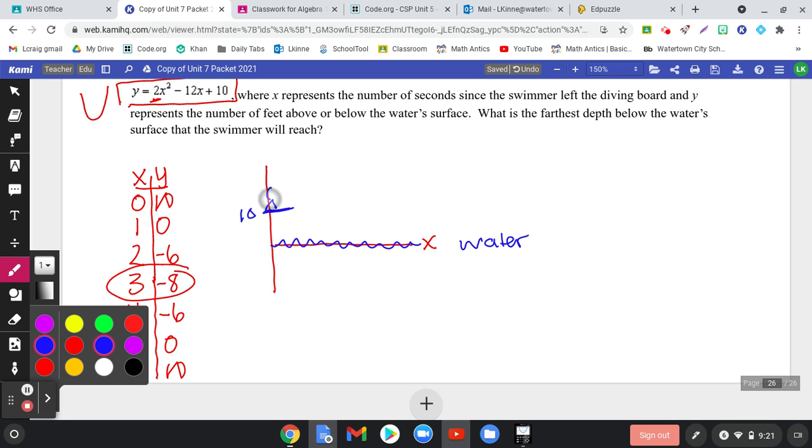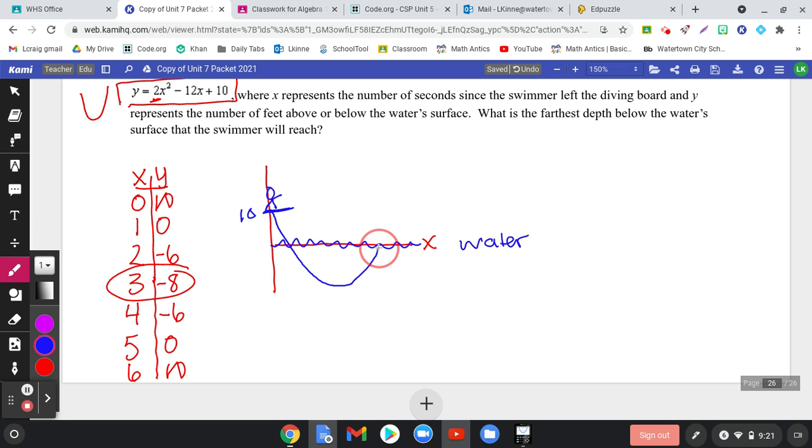So they're diving off of the swim platform, and they're going to go down into the water, and then they'll come back up. All right. So it goes down to negative 8 is the lowest point it gets to. So like 1, 0, it took 1 second before they actually hit the water, dove down in after 3 seconds, and then they came back up and hit the surface at 5 seconds.